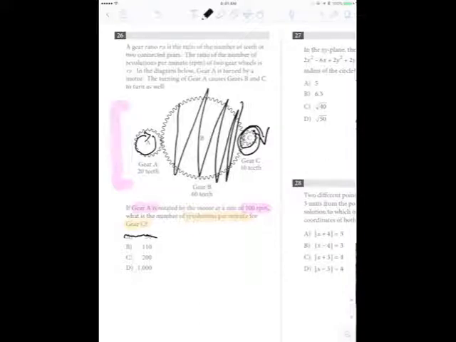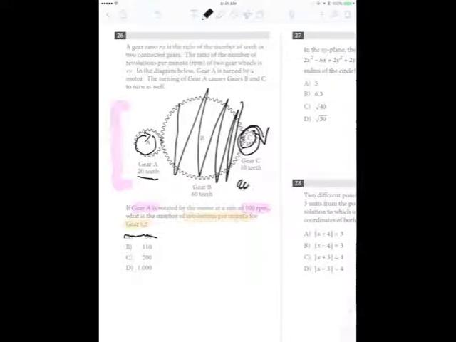So, in one revolution, gear A turns 20 teeth. We get that information from the figure. Now since the teeth interlock, one turn of gear A turns 20 teeth of gear C. So I'm talking about teeth and not revolutions.